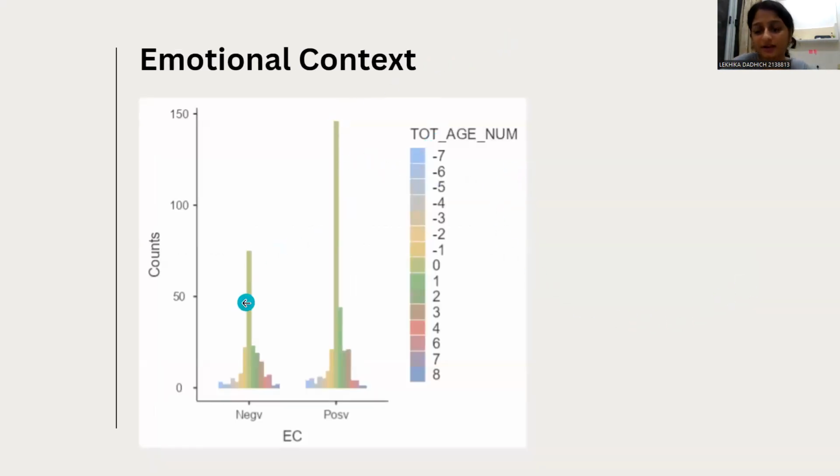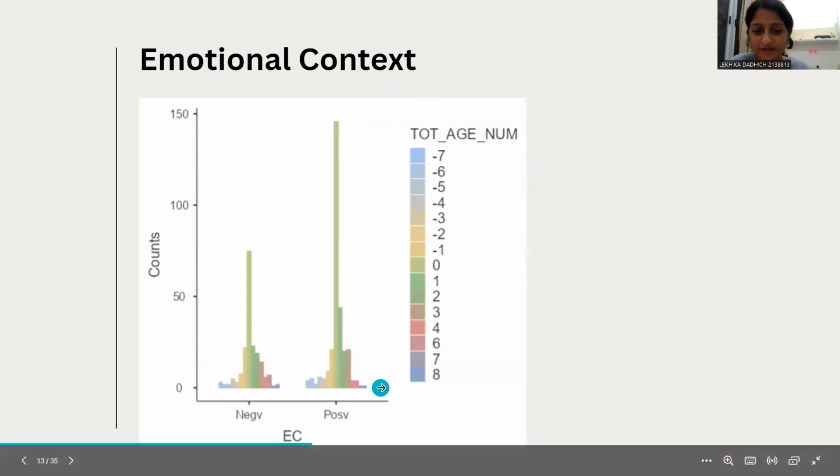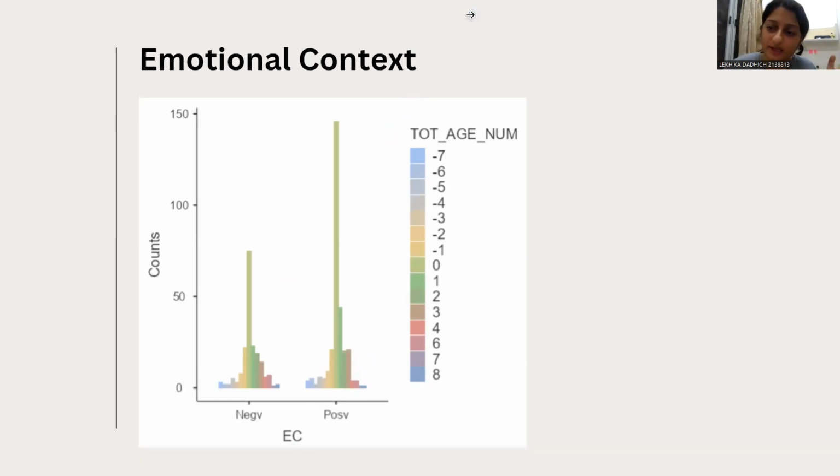So this is a graphical representation of the difference between positive and negative emotional context. These are some of the preliminary findings that I have come across.